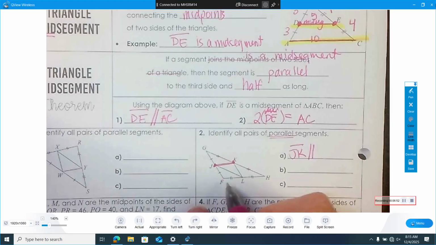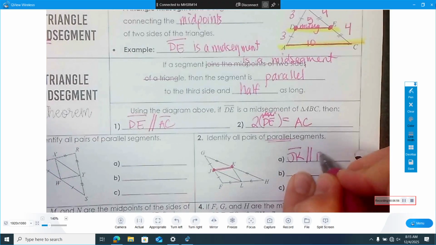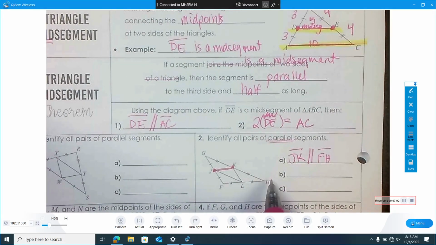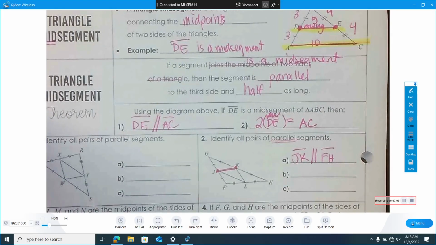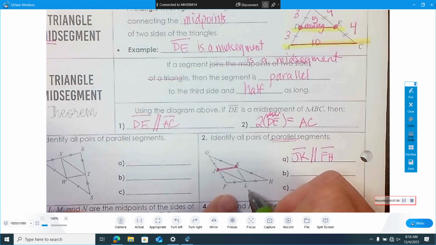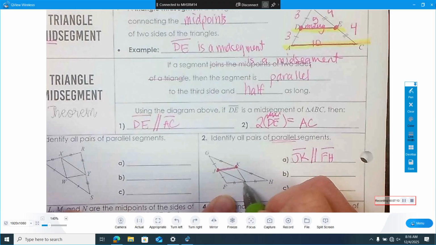Yes. The third side down here, and it looks pretty parallel too. You don't have to think too hard or imagine too much to say that they are parallel. All right. So again, J is a midpoint. Tell me about L. It's also a midpoint.